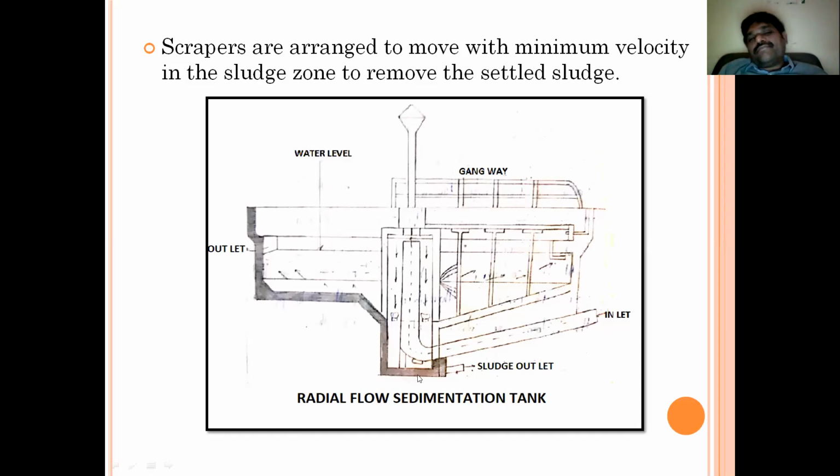From the bottom, through the sludge outlet, the particles will be taken out. What are we discussing? Sedimentation. All the settled particles will be taken off from the water in the name of treatment. This we already discussed in the previous class.